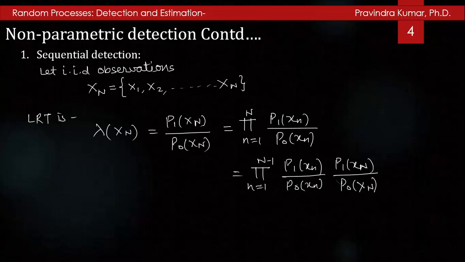I can also write it as the product from n=1 to N-1 of p1(xn) divided by p0(xn), times p1(xN) divided by p0(xN). So I can write lambda(xN) equal to lambda(xN-1) into lambda(xN). So we have a recursive arrangement for the likelihood ratio test with initial condition lambda(x1) equal to lambda(x1).